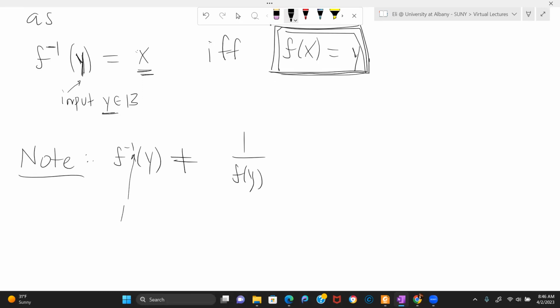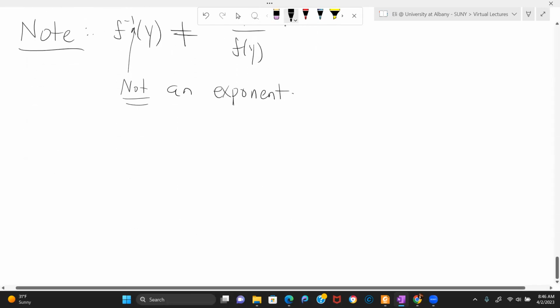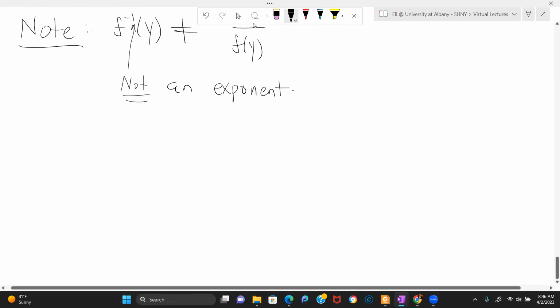This is not an exponent. It's notation. It literally just denotes the inverse function if it exists. Sometimes it doesn't exist. If your function is not injective, it won't exist. For example, f of x equals x squared as a function from R to R is not going to have an inverse function. I just want to emphasize that that's not an exponent.